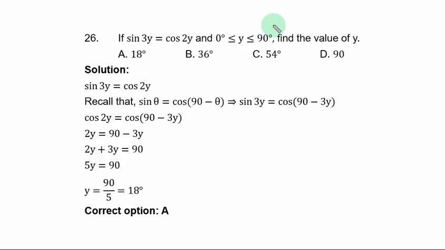Question 26. If sin 3y is equal to cos 2y and 0 degrees ≤ y ≤ 90 degrees, find the value of y. This is the given equation.